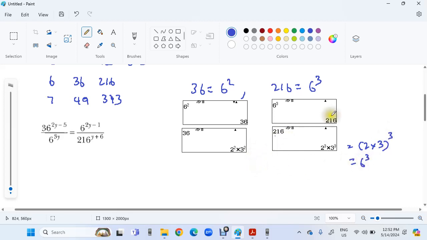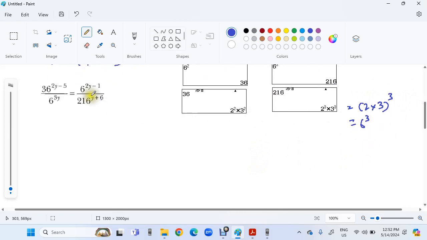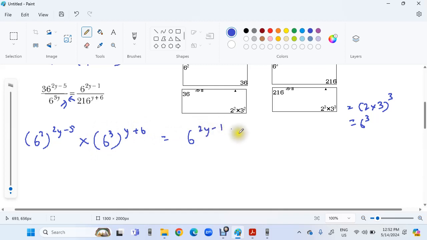Okay. So for this one, I will do the cross multiplication. Then we have 6 square to the power 2y minus 5, multiplied with 6 power 3, y plus 6, equal to 6 to the power of 2y minus 1, and multiplied with 6 to the power of 3y.